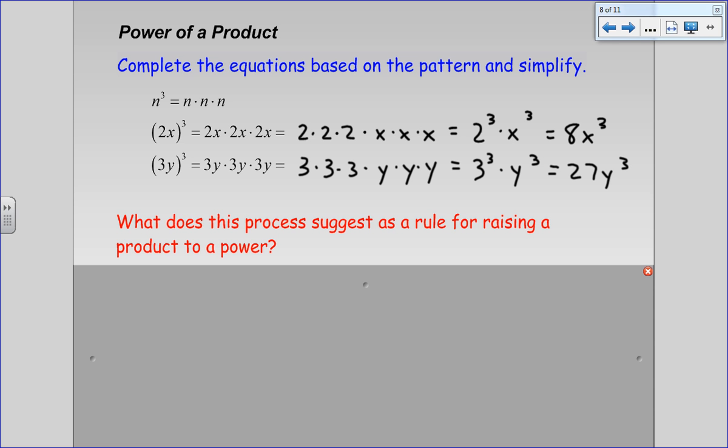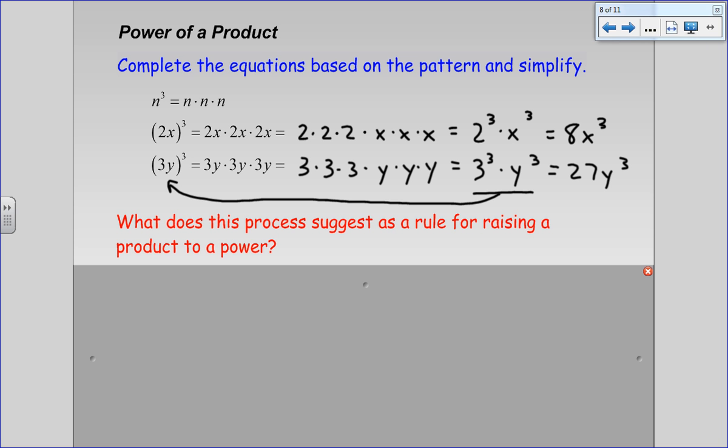Let's look more closely at the step just prior to these final simplified answers. Notice that we have two factors, 3 and y, or 2 and x, each being raised to the power of 3. And if we compare that back to the original problem, we see that those are the two original factors in our product that was being raised to the power.